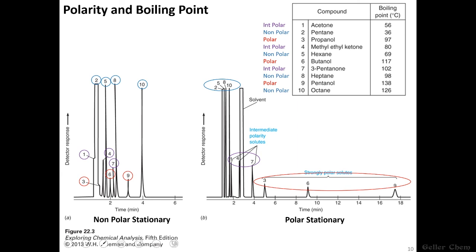Another clear observation to make is that our nonpolar pentane has a lower boiling point than our intermediate polar acetone, and yet the pentane, despite having a smaller boiling point, still comes out at a slightly later time than the higher boiling point acetone, because in the end, there's that polarity match. And so the two factors that were discussed are still very much in play in this column. However, it is not nearly as obvious to see as in this column.